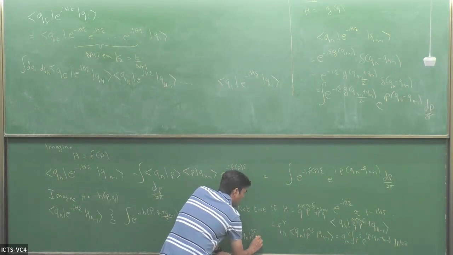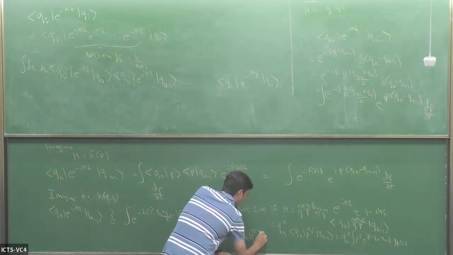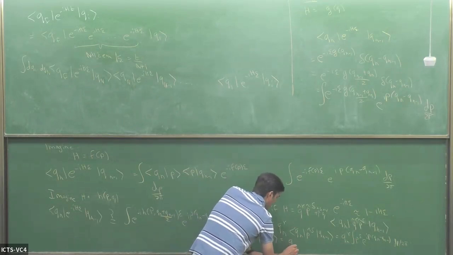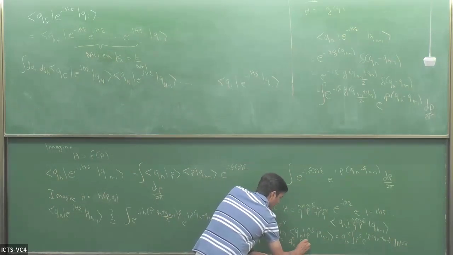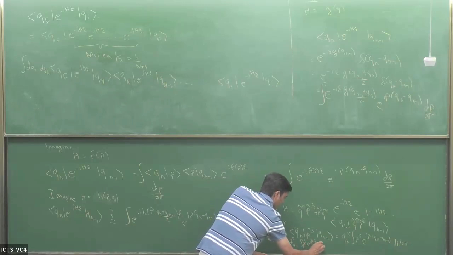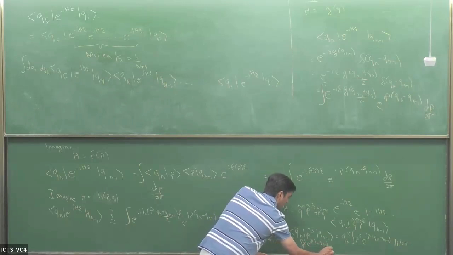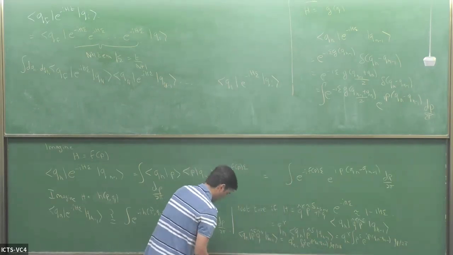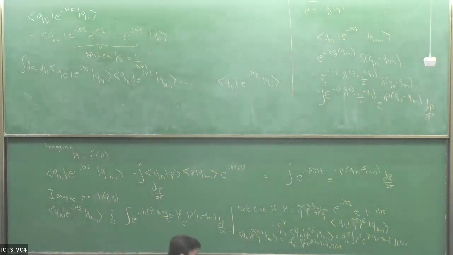p hat to the s q hat to the r q_{n-1} looks like q_{n-1} to the power r times the integral of p to the s e to the ip q_{n-1} dp by 2 pi, right? So look what I got here.